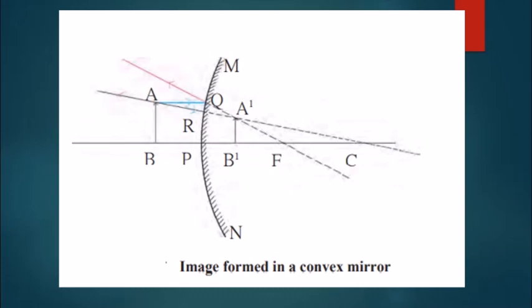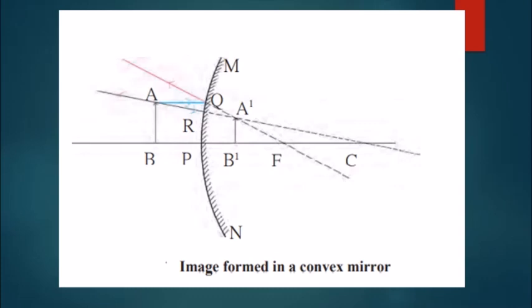Now let us see how the image is formed for a convex mirror. As in the figure we can see AB is our object and it is kept in front of the convex mirror MN. The incident ray AQ starts from A and travels parallel to the axis, and AR goes towards the center of curvature.